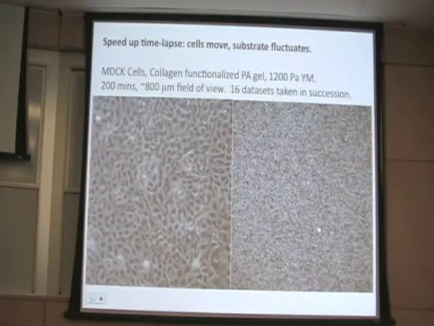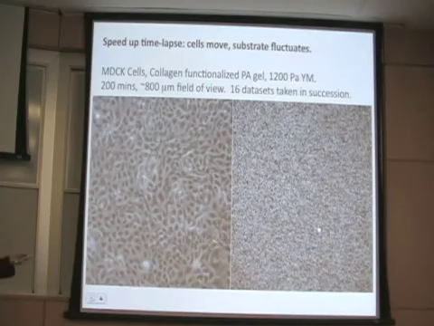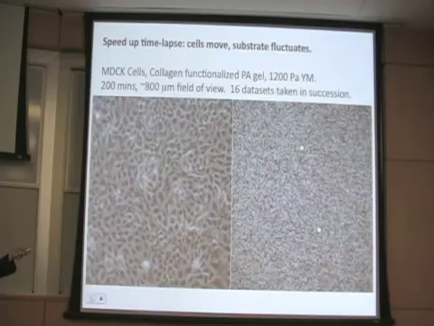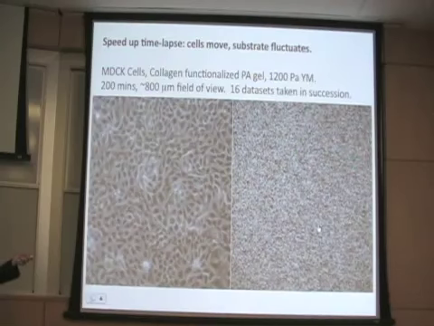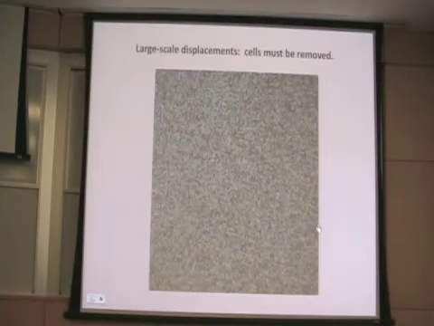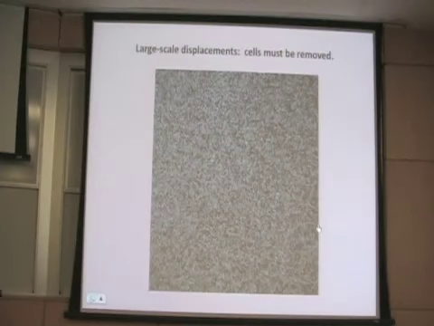If you look at how they deform the substrate below, you see little teeny fluctuations. It's like little blades of grass blowing in the wind or something. It doesn't look all that dramatic, right? But as we've learned, you have to relax the cells, or kill them, or remove them from the surface.